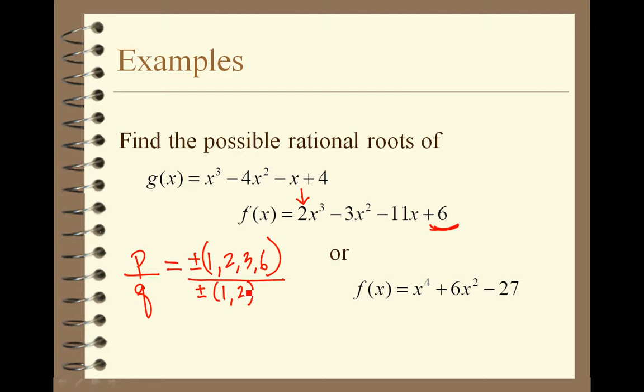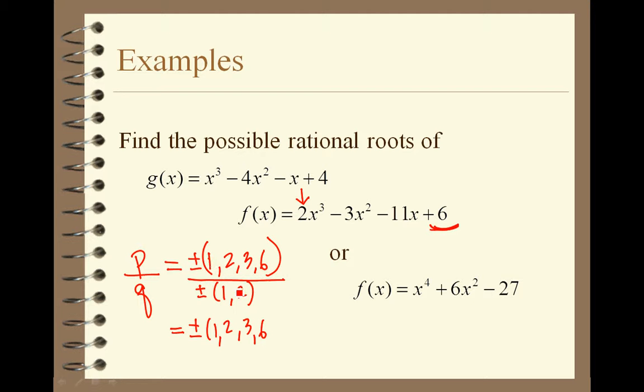Now, you not only have 1 as a factor for Q, but you also have 2. So every P you must divide by every Q. Let's first divide everything by Q equals 1. So we have plus or minus 1, 2, 3, 6 if we divide all of these numbers at the top by 1. But we also have to divide all of these numbers at the top by 2.